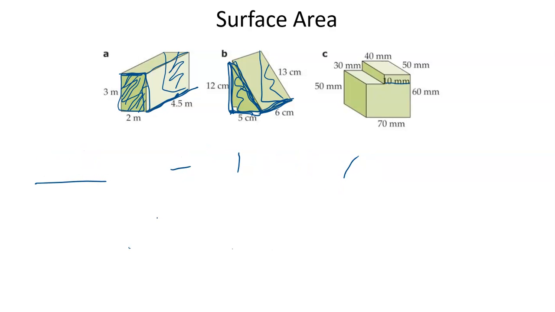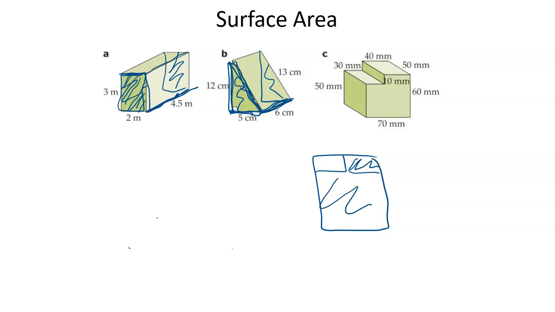And the last one, because we need to work out this funky area, sort of like the cutout area, there's 2 ways we could do that. We can either do it as a whole square and then take away the bit that's missing, or we can cut it off like this and work out the small area and the big area.